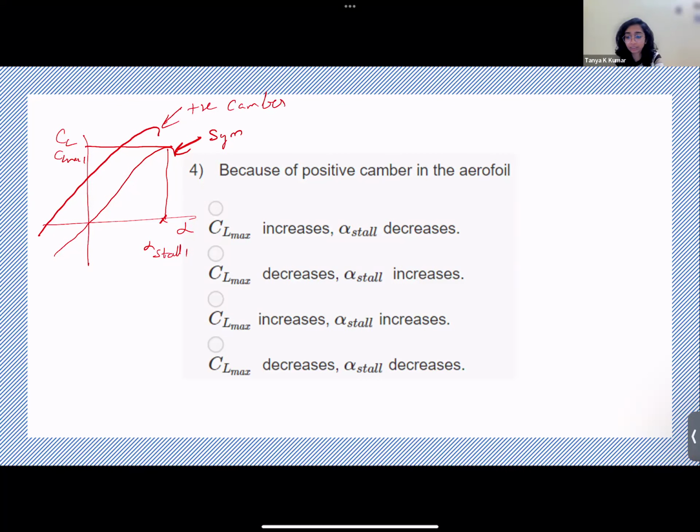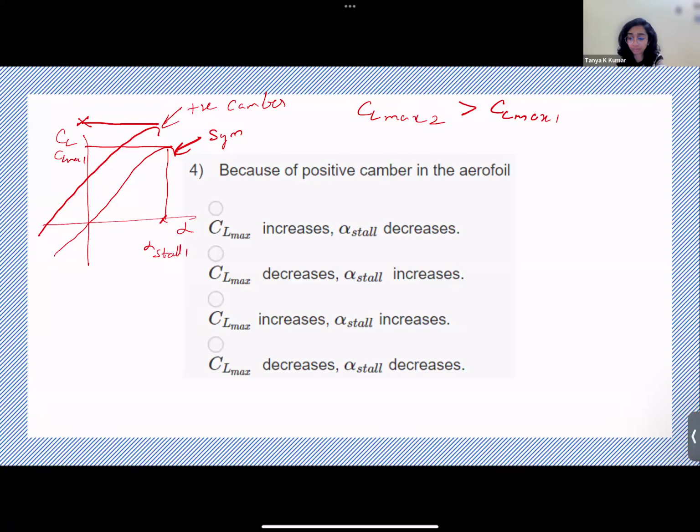So will the CL max increase? What will CL max be? CL max 2 is greater or less than CL max 1? So CL max 2 is this point. So CL max 2 is greater than CL max 1, correct?